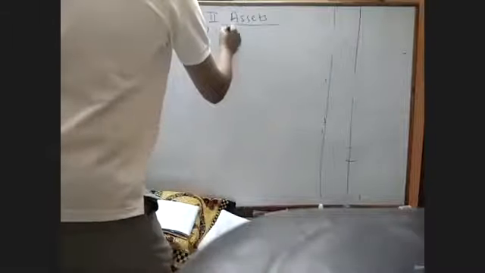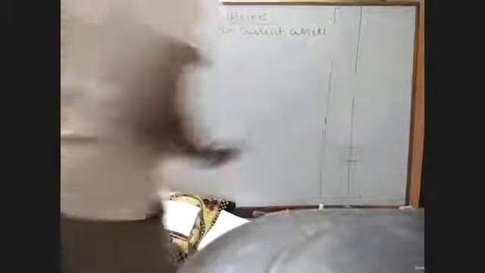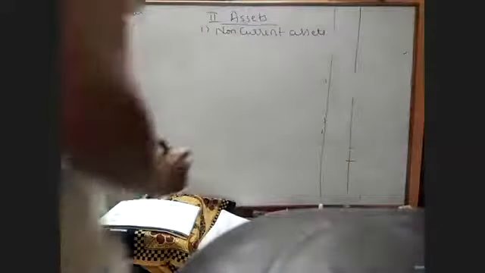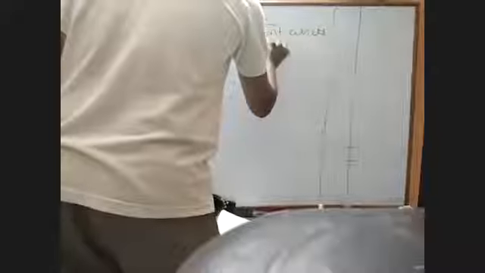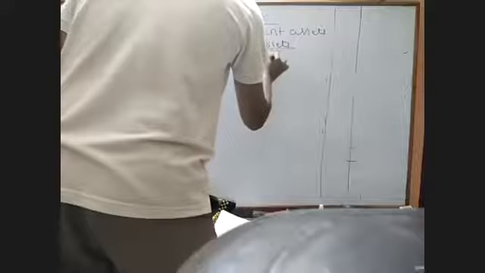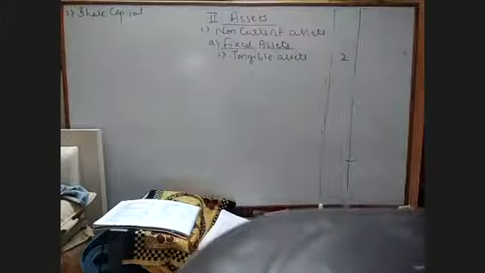Under that, number 1 is non-current assets, and under non-current assets, you have A, fixed assets, and under that fixed asset you have small Roman 1, that is tangible assets, and this will be working note number 2, because in tangible assets we have 2 items.